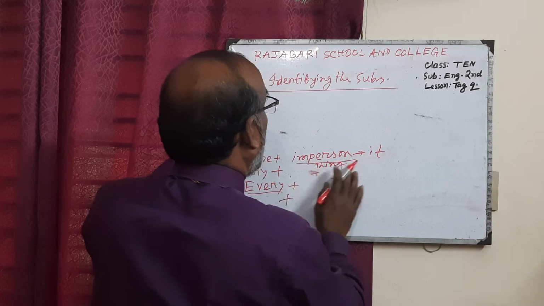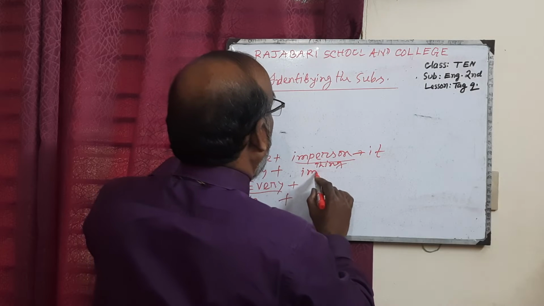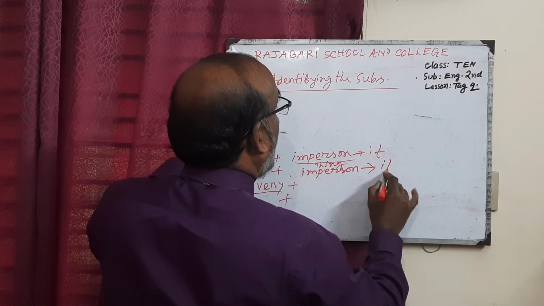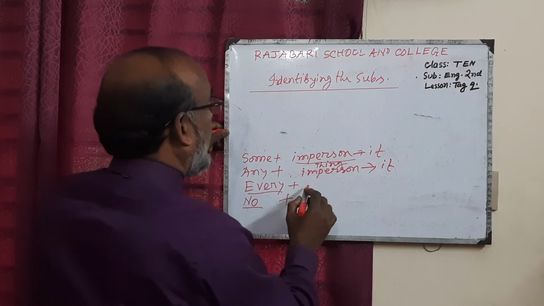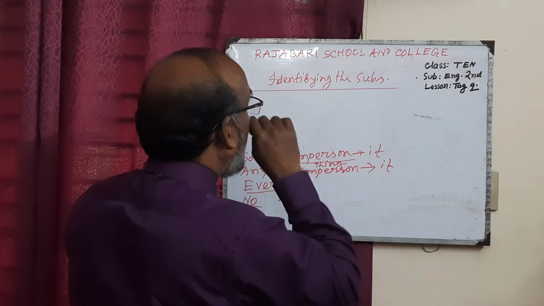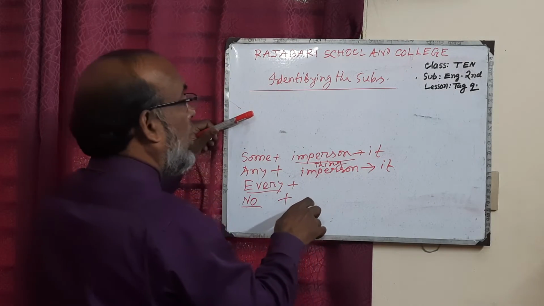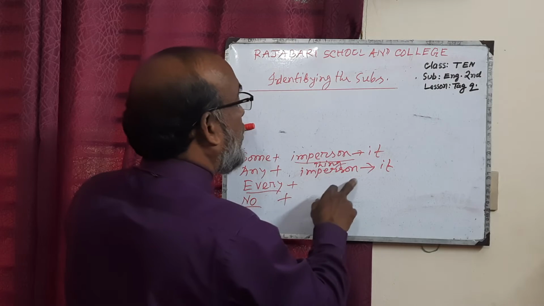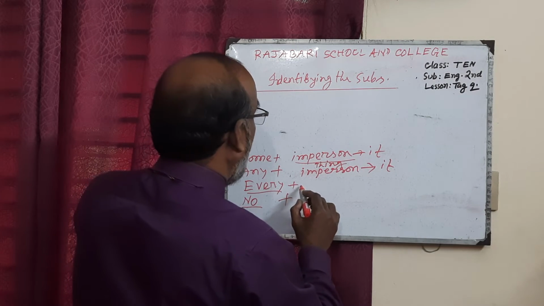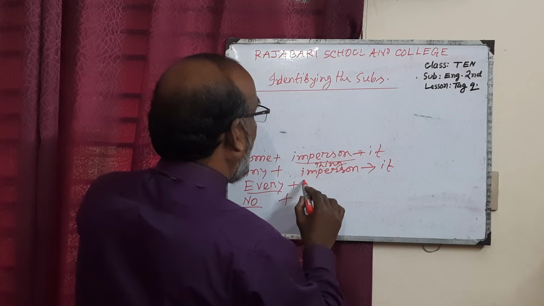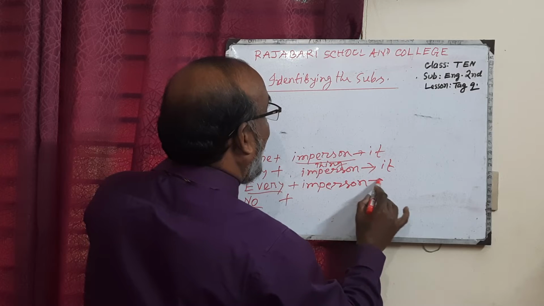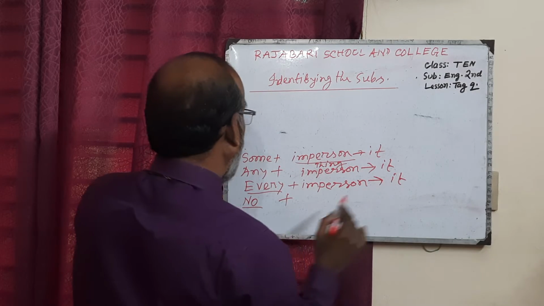Imperson will be it: any thing, any book. For example, any book, any things will be it here. Everything. That means every plus imperson. Everything will be it.